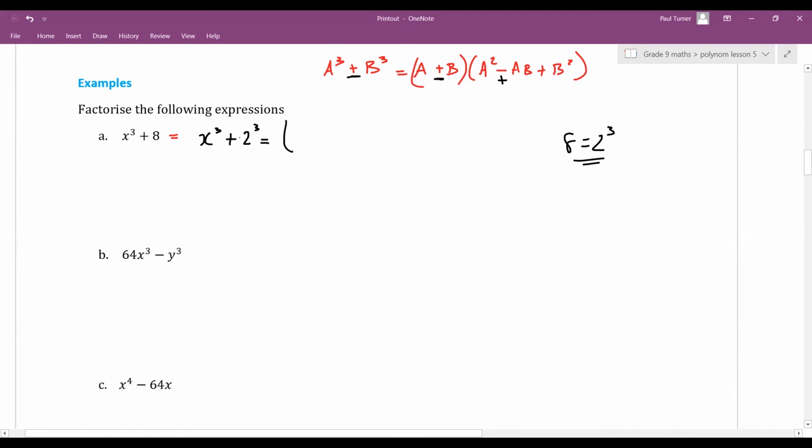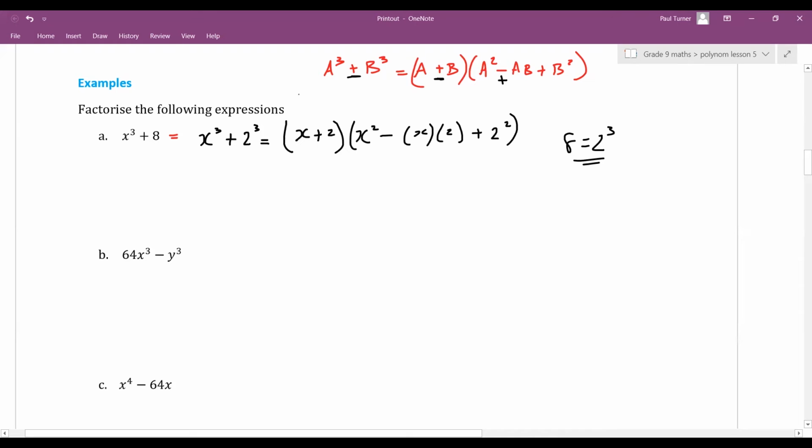So x cubed plus 2 cubed is x plus 2 first. Then we've got a squared, so that's x squared, minus ab, which is x times 2. I'll swap that around later. Plus b squared, which is 2 squared.